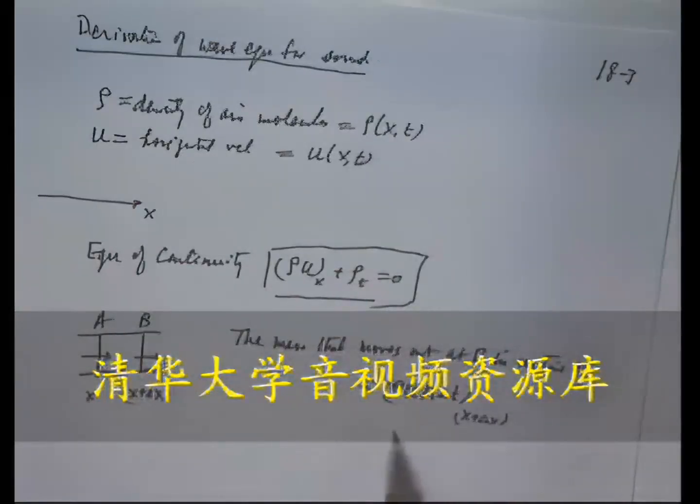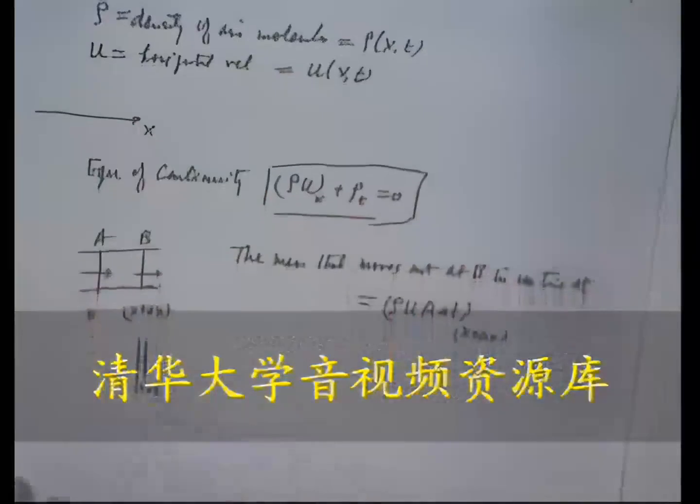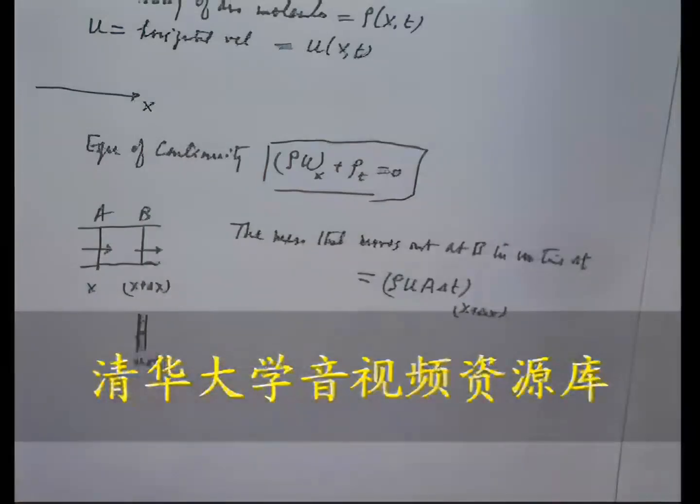U delta t: in time interval delta t, this sheet moves to here. So this mass moves out. A u delta t is the volume.